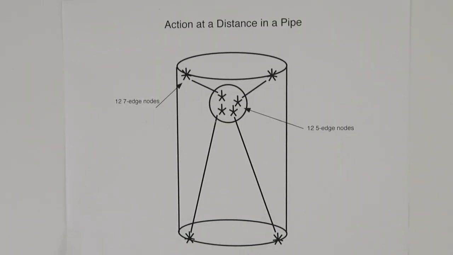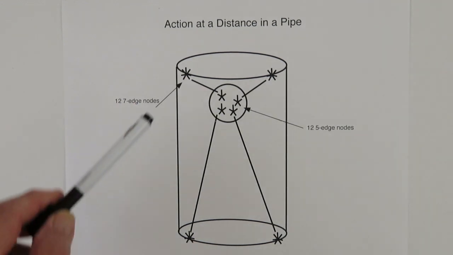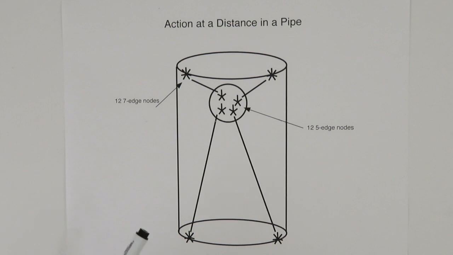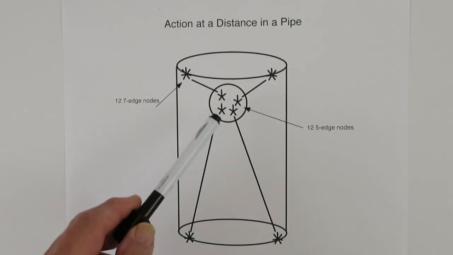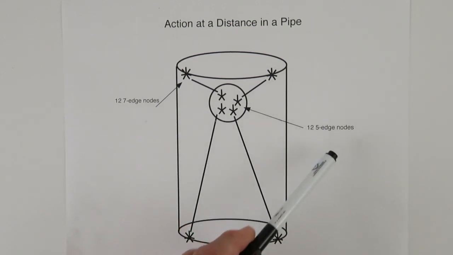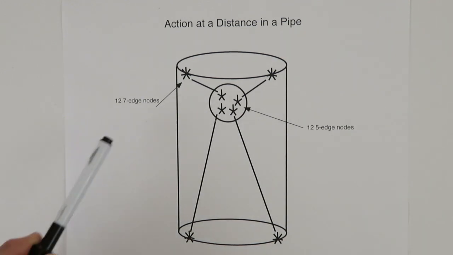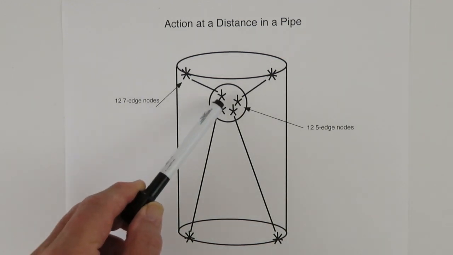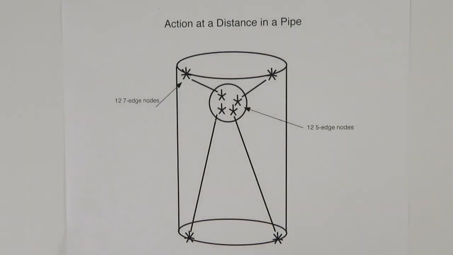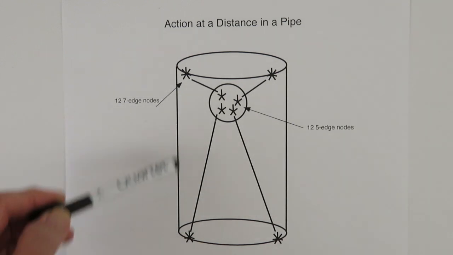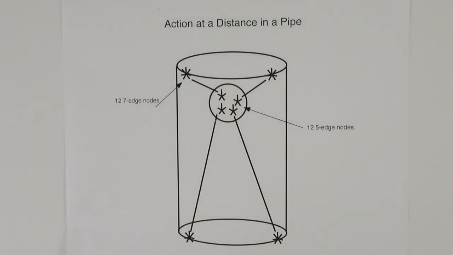Let's first look at the structure of a pipe. The pipe can be as long as it wants, and a pipe will have an EDS that has 12 5-edge nodes, and the EDS edges connect to 12, let's say, 7-edge nodes. The important thing about the pipe is that it can be as long as it wants to be.